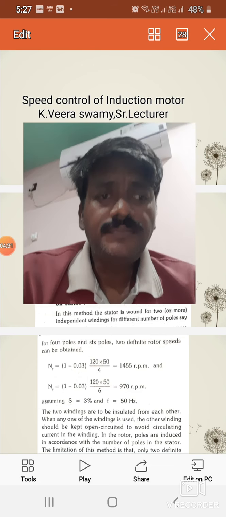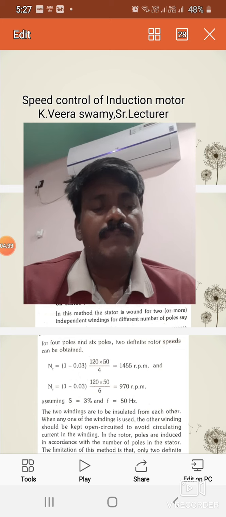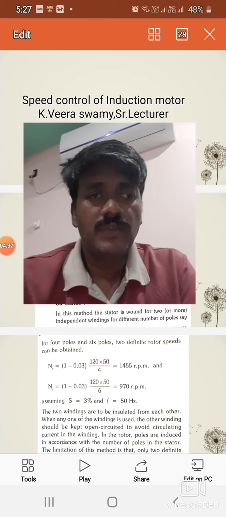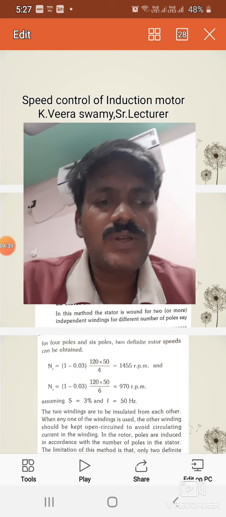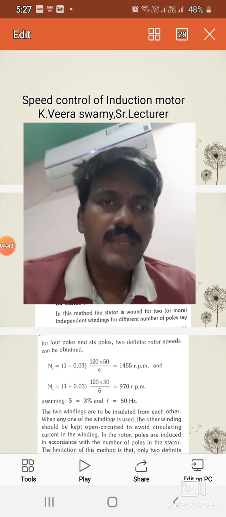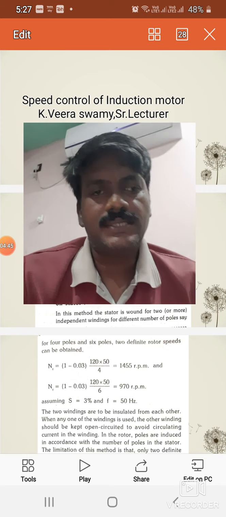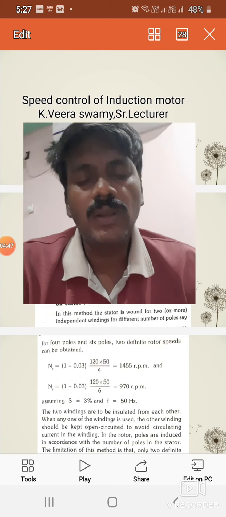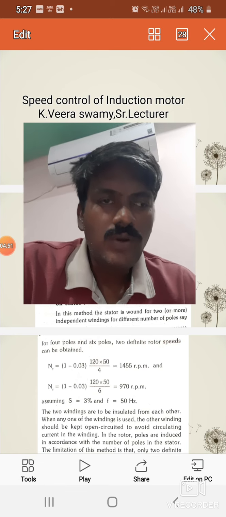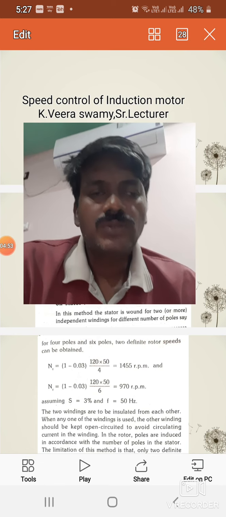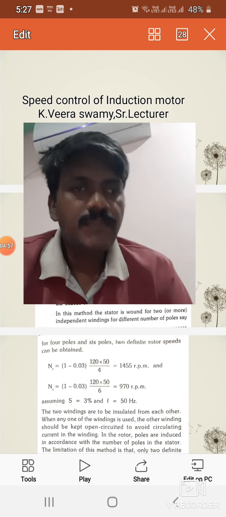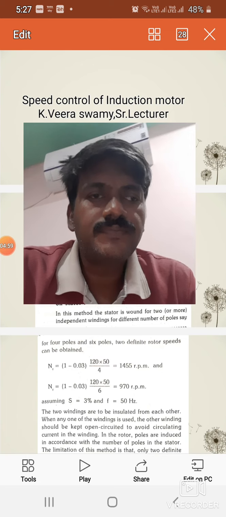And the next one is by changing the supply frequency. So we know that synchronous speed Ns is equal to 120 F by P, and rotor speed Nr is equal to (1 minus S) into Ns. That is, rotor speed is equal to (1 minus S) into 120 F by P. So that means rotor speed is directly proportional to frequency and inversely proportional to the number of poles, right?